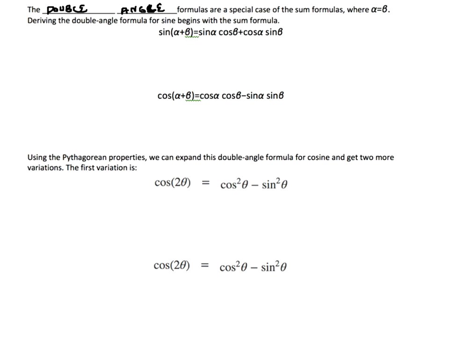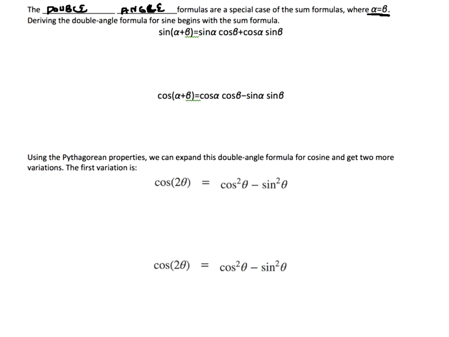The reason this is considered a special case is because this is when your angles are equal to each other. So I'm just going to show you how we go about getting these formulas. Deriving these formulas is not difficult at all.